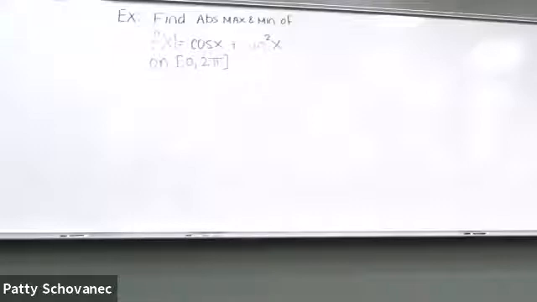So not counting the two endpoints, you should get 3 critical numbers.